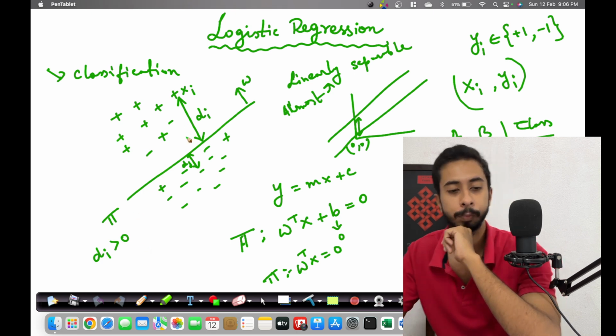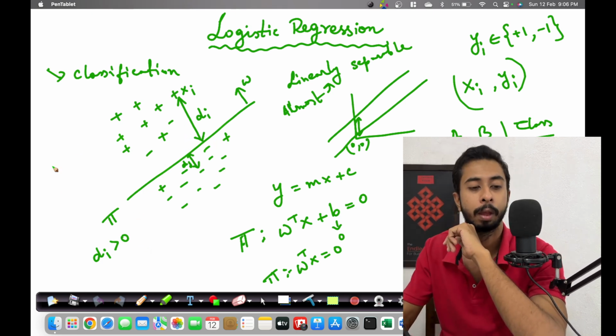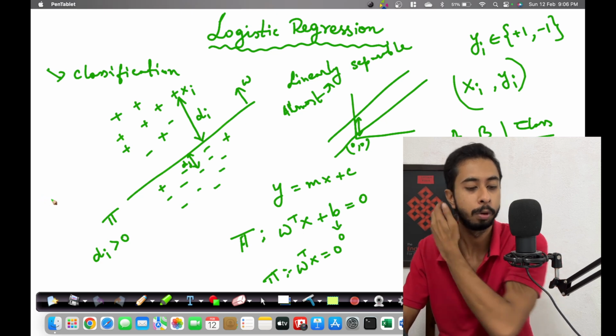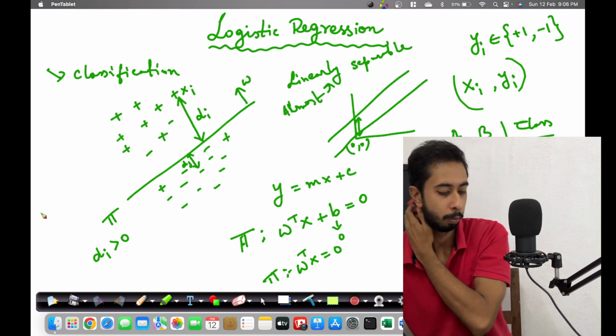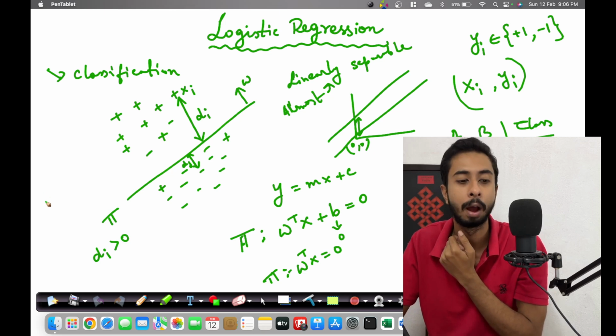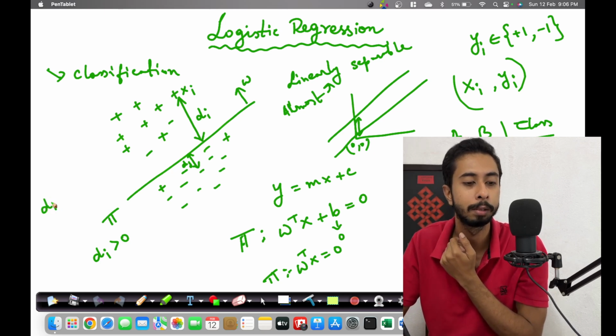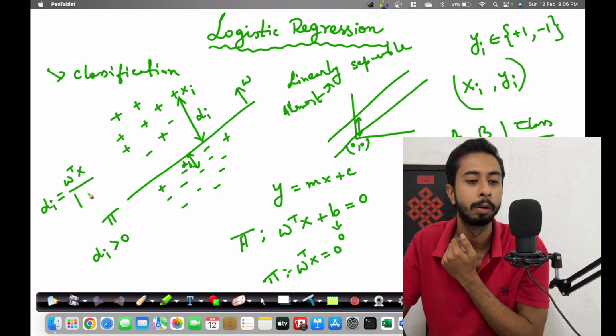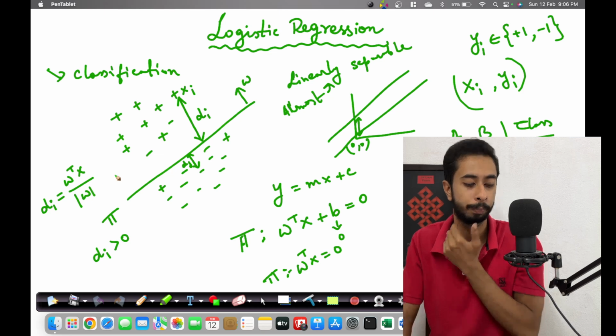Okay, this is from linear algebra. How does it work? So how do you find di? I'll just write the equation: di equals w transpose x by norm of w.